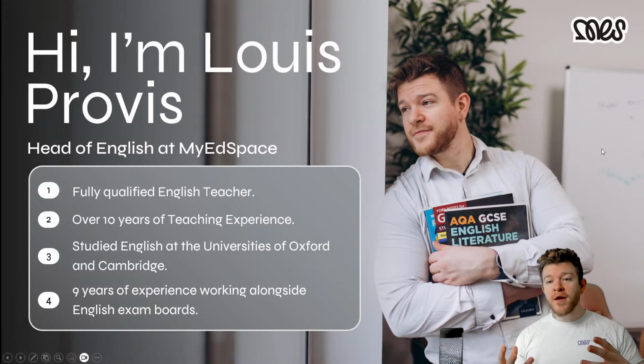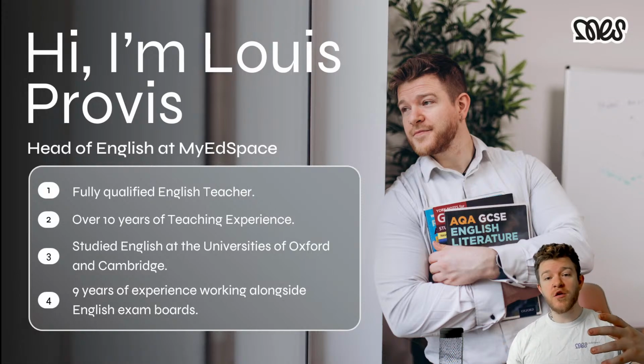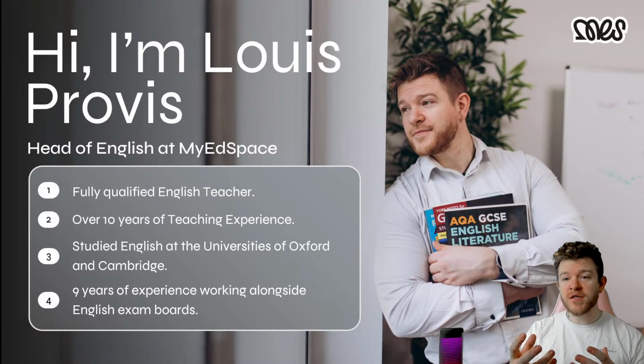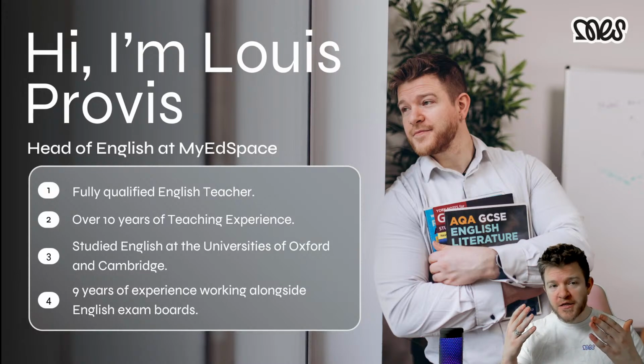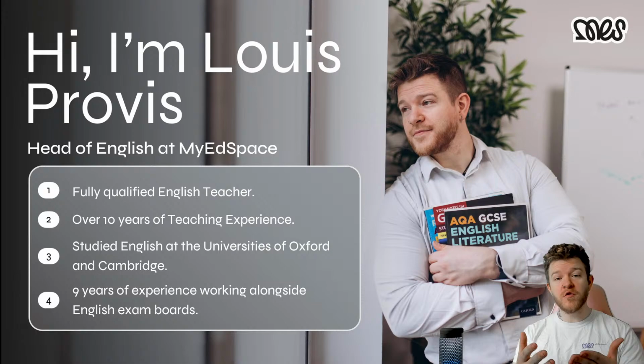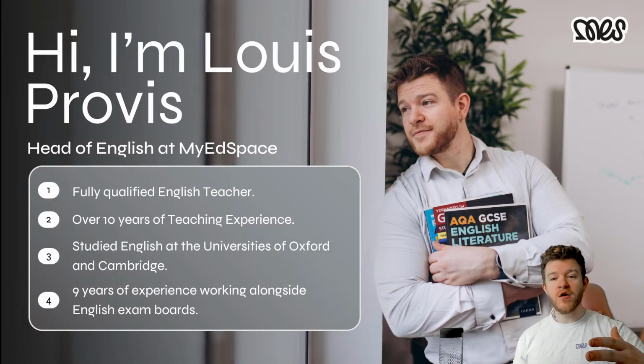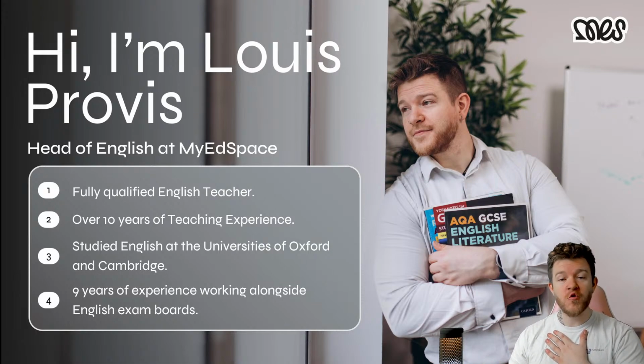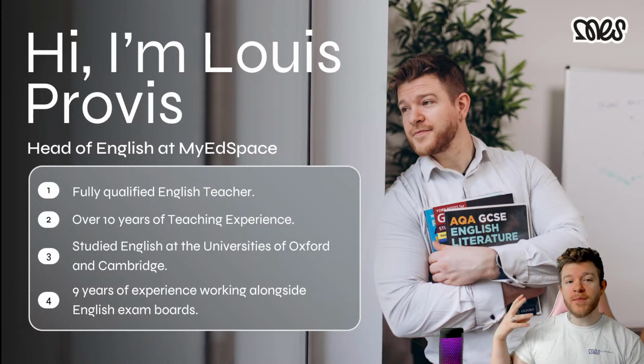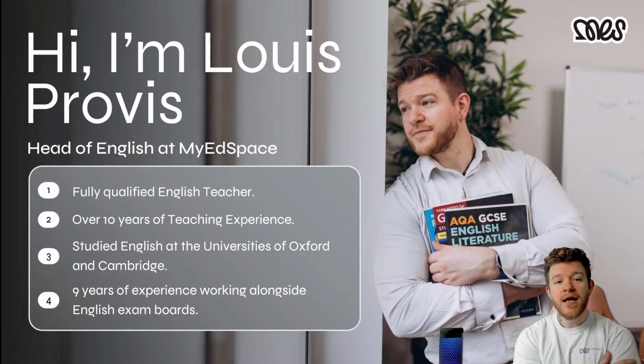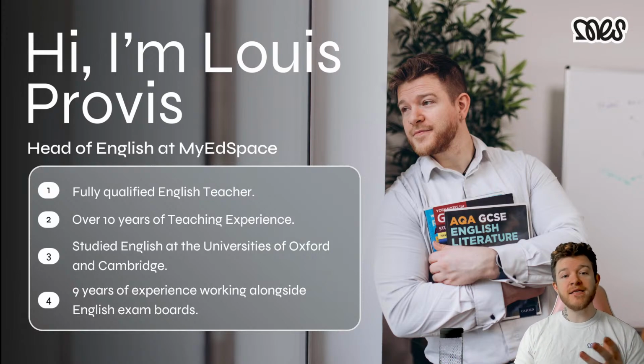For those of you who weren't here last week, this is your first session, so I'm just going to let you know who I am. I'm Louis Provis, Head of English here at MyEdspace. I am a fully qualified English teacher with over 10 years of teaching experience.